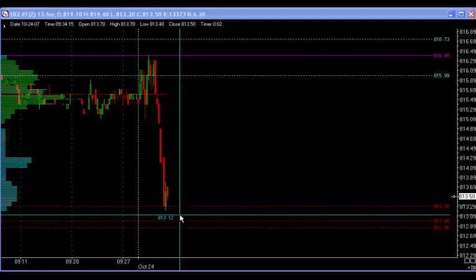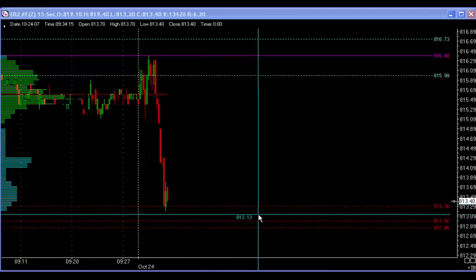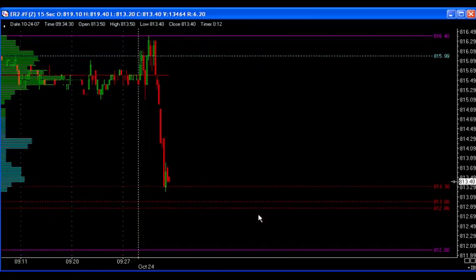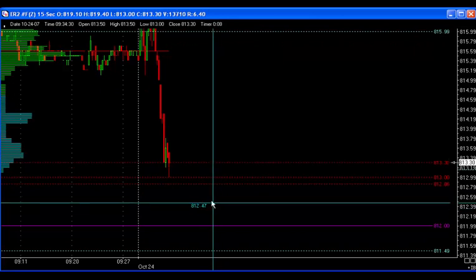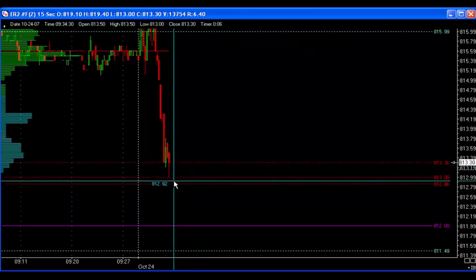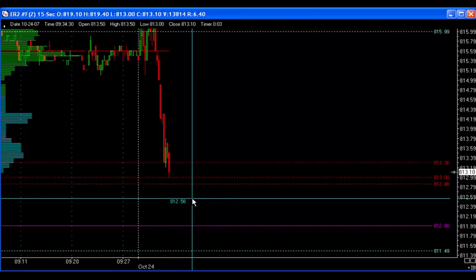Okay, we got a bounce off there. Let's see what happens. Breaks through, goes to 813, bounces off there a little bit.